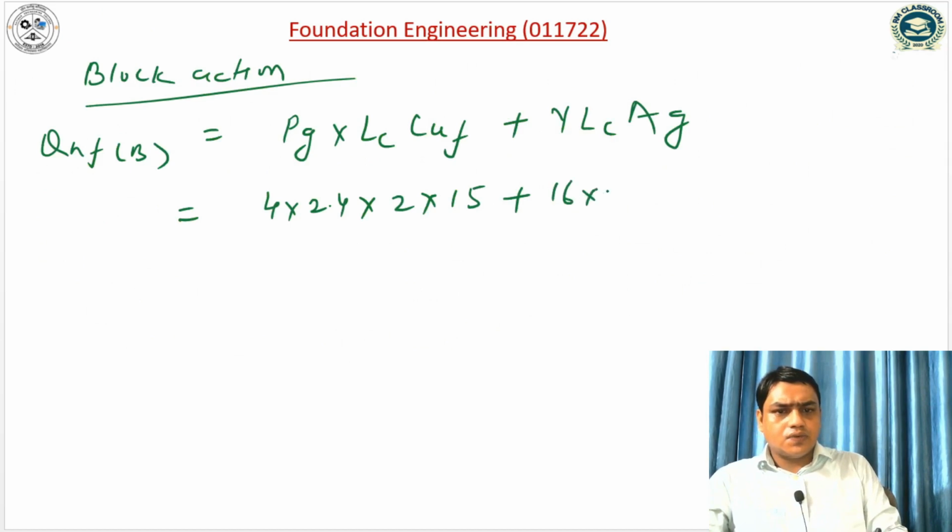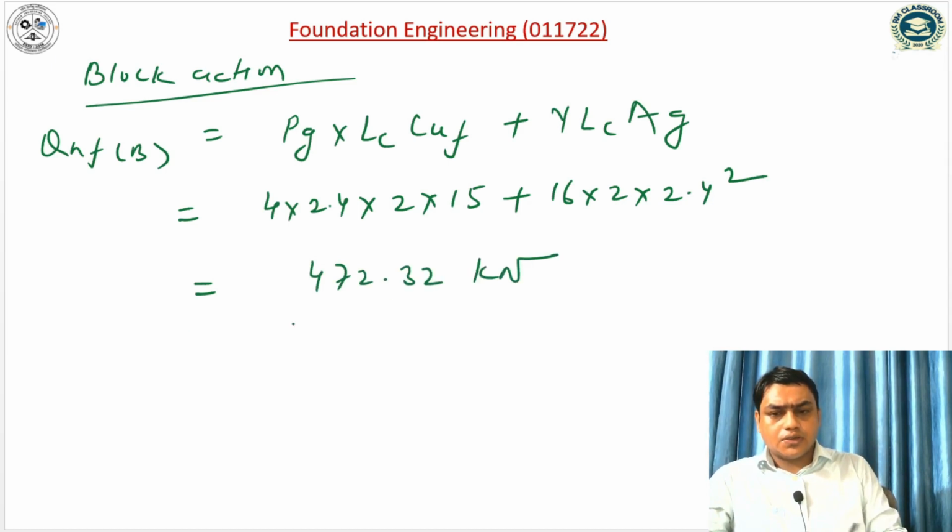So 16 into 2 into area, so 2.4 whole square. So 4 into 2.4 into 30 plus 16 into 2 into 2.4 whole square. So it is 472.32 kilonewton.